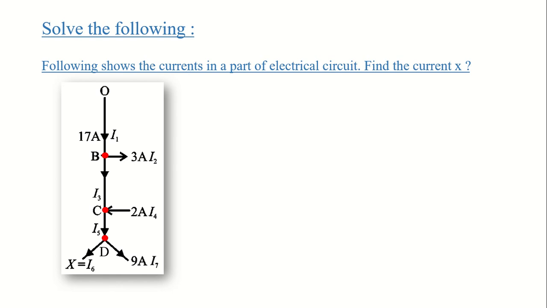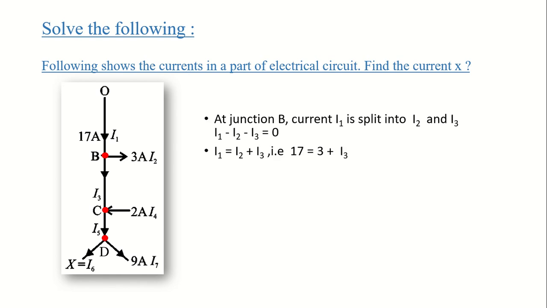The following shows the currents in the parts of an electrical circuit and we are supposed to find the value of X. If we consider junction B, you can see the current I1 is coming to the junction, and the current I2 is leaving the junction. Current I3 is also leaving the junction. So I1 has to be positive, I2 and I3 have to be negative.